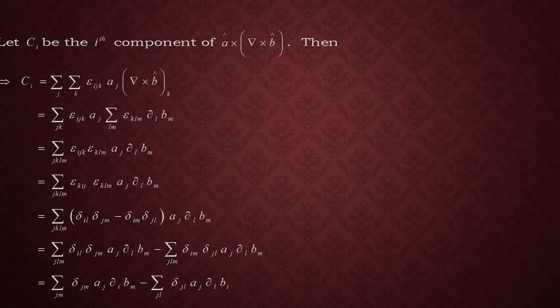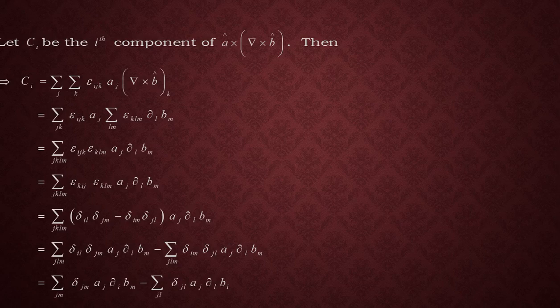Then it becomes C suffix i equals summation sigma over jk epsilon suffix ijk A suffix j sigma over lm epsilon suffix klm dou suffix l b_m.